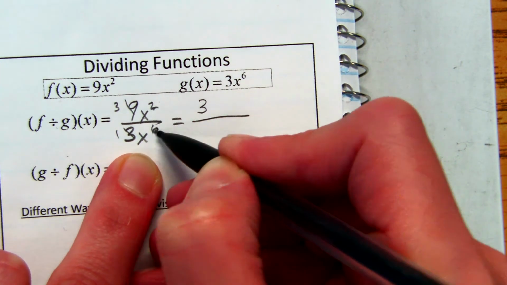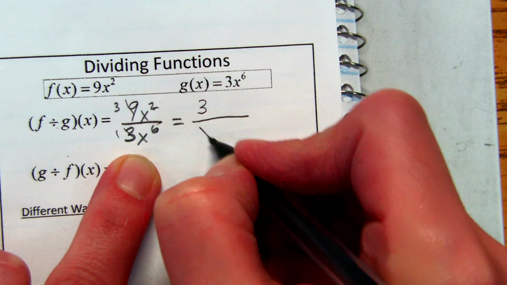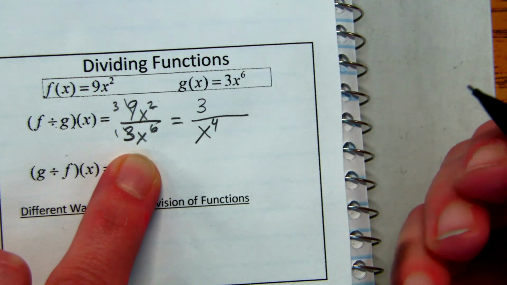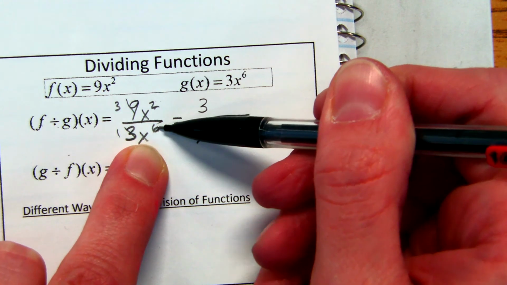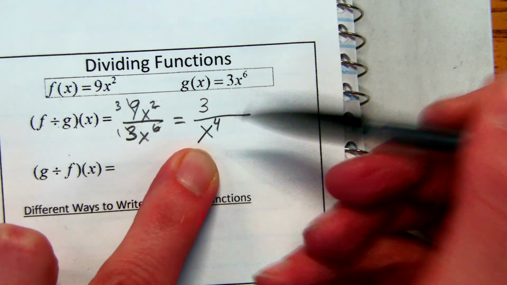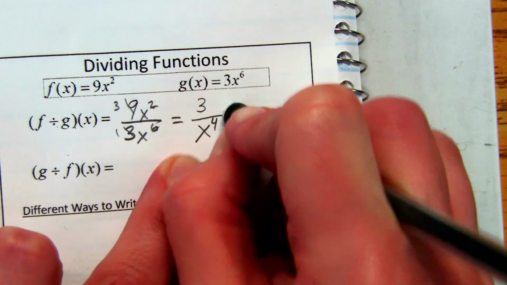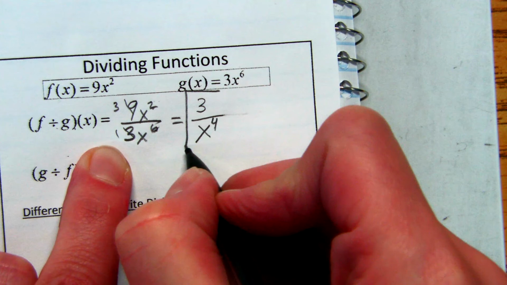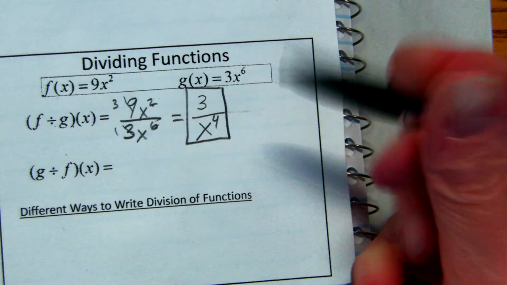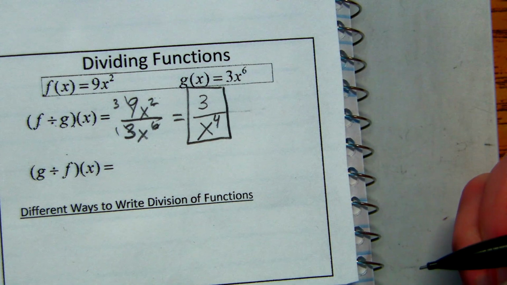These 2 cancel 2 of them down there. And you'd be left with x to the 4th in the denominator. We also learned that you could take 2 minus 6, which gives you negative 4. And a negative exponent puts it in the denominator. So either of those methods work. And you can put the 1 down there if it makes you feel better. But since there's an x to the 4th down there, we don't necessarily have to.